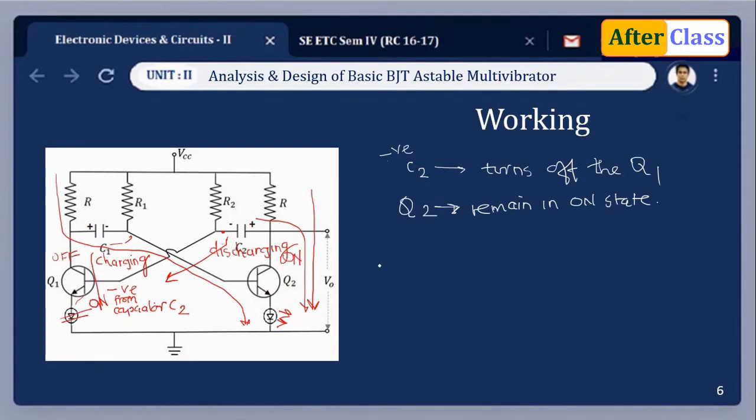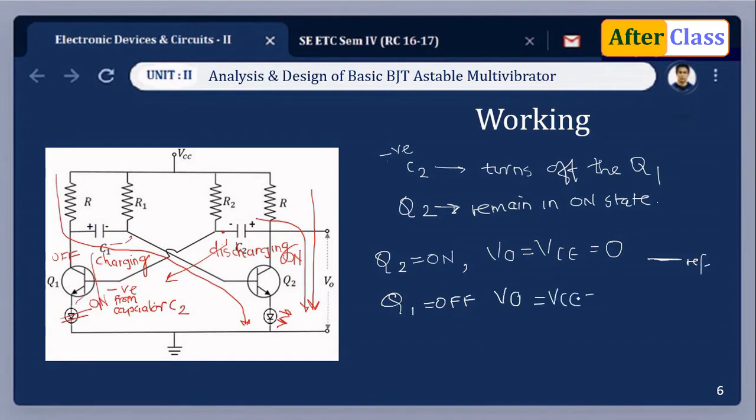For the condition transistor Q2 is on, the output voltage, or VCE, will be 0. If I take this as a reference, it is 0, and during the same interval transistor Q1 will be off. In that case output voltage will be equal to VCC.